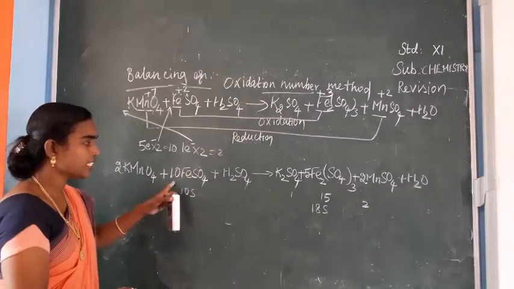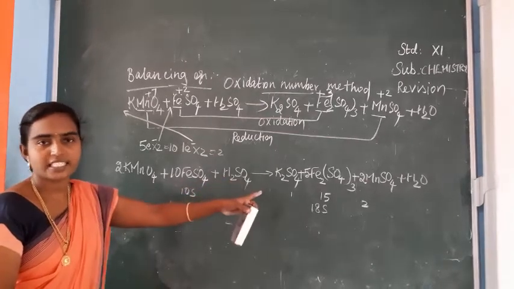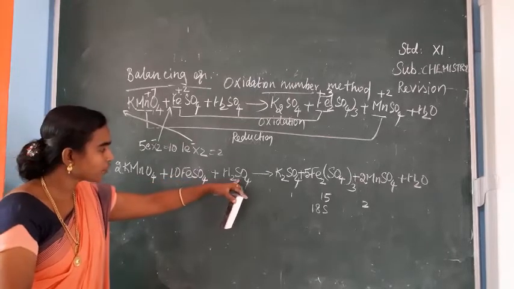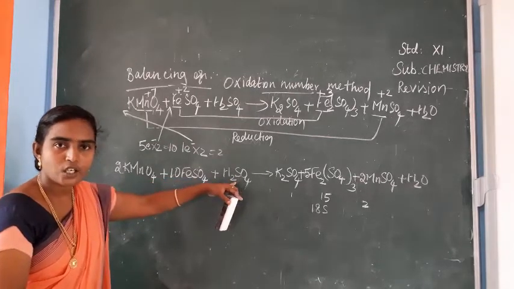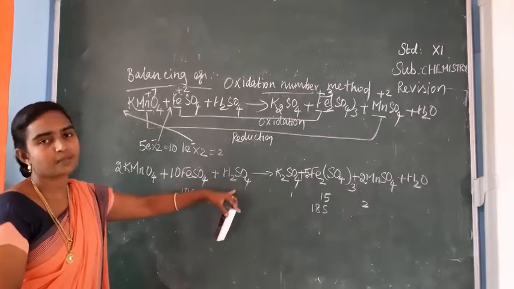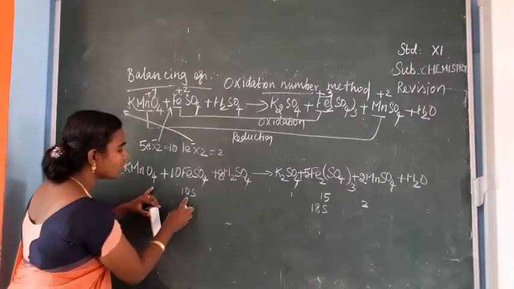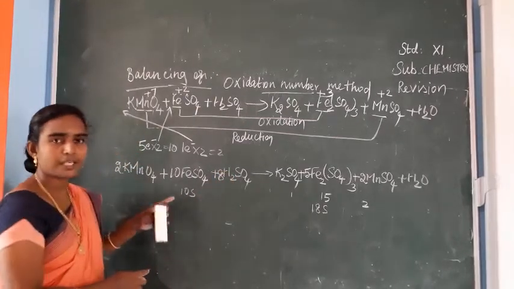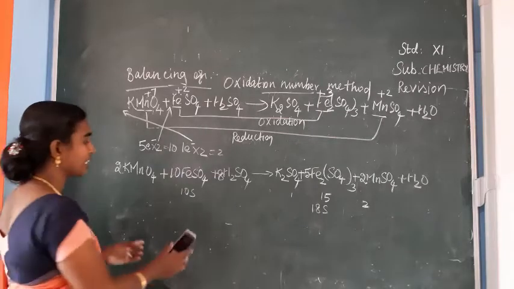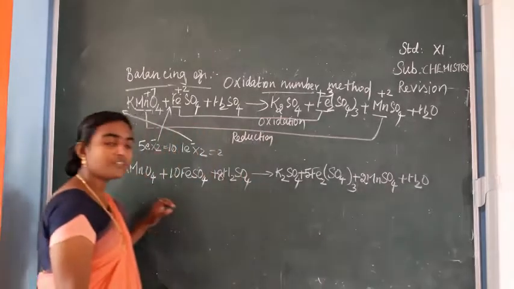When you change this number, the number of iron atoms will change on that side, so don't touch here. Sulfur is also present here, so we can change the number of sulfur atoms on this side. When you write 8 here, 10 plus 8, that is 18 sulfur atoms on the left hand side and 18 sulfur atoms on the right hand side. So this is balanced.